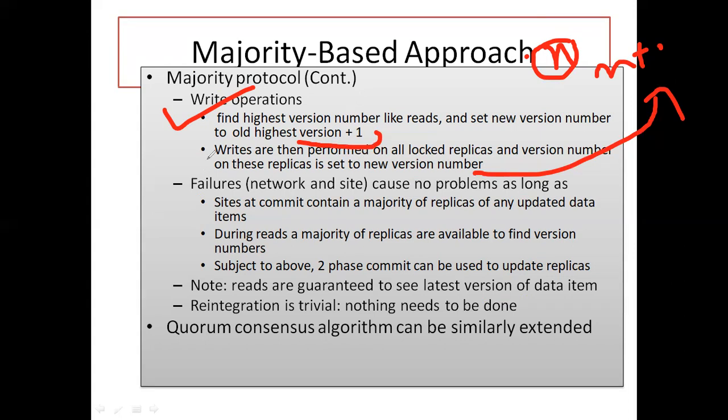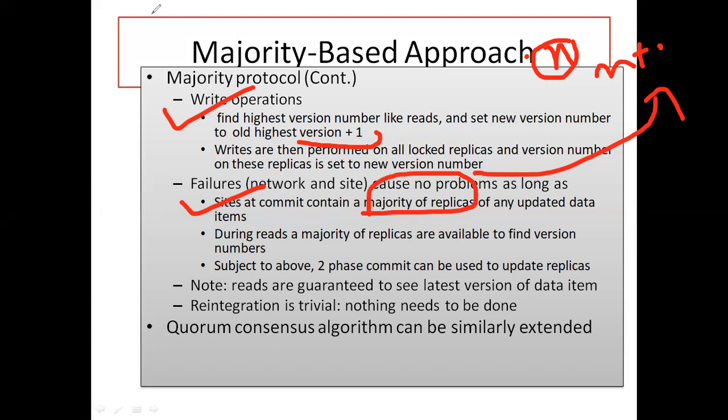Now, failures, like network or site failures, cause no problem as long as the sites at commit contain a majority of replicas of any updated data items. जिस साइट में हमने कमिट किया है उसमें अगर रेप्लिका का मेजॉरिटी पोर्शन उसी पार्टिकुलर साइट में है that updated that item, then this is not going to cause any problem.